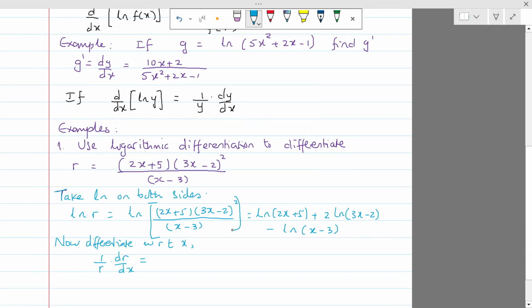And then on this side, when I differentiate with respect to x, this becomes 2 over 2x plus 5, plus, I leave the 2 outside, 3 over 3x minus 2, and this one becomes 1 over x minus 3.